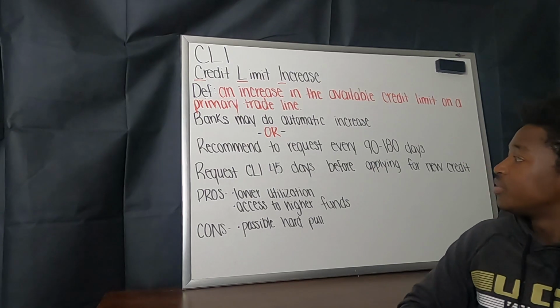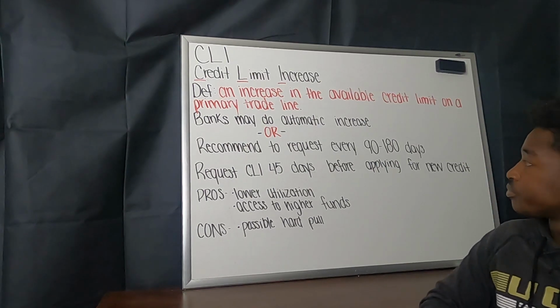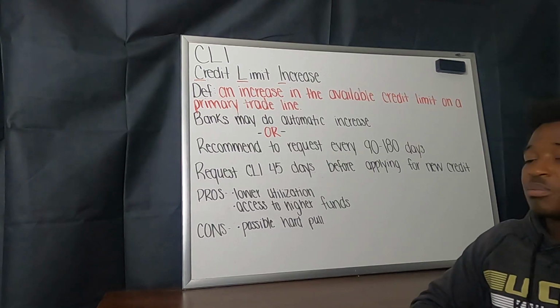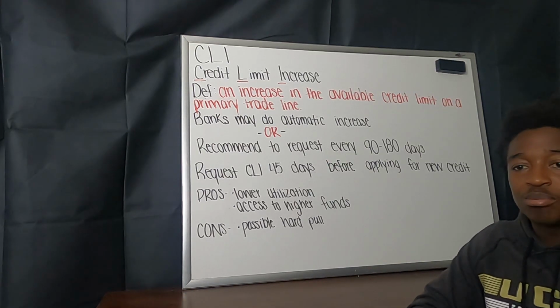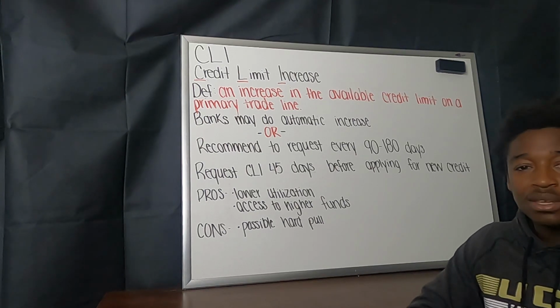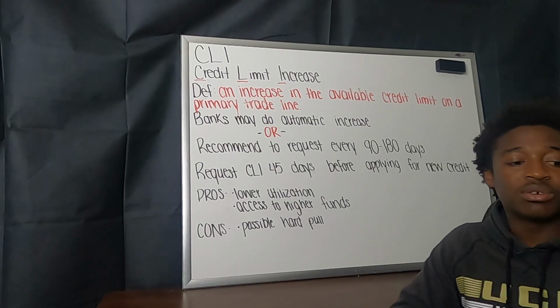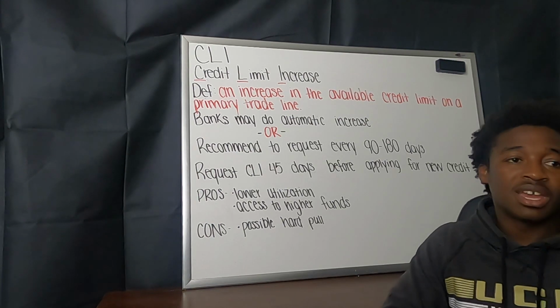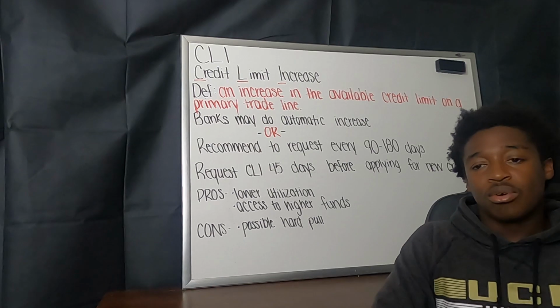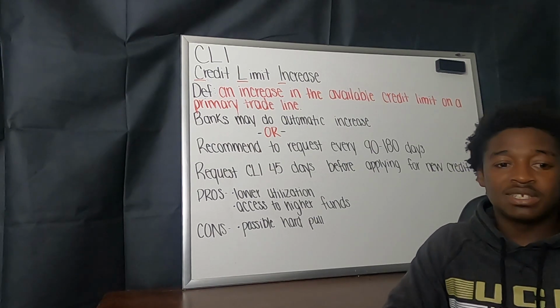Then you have the manual route, which is where you can request an increase depending on your bank. Certain banks, such as Discover, allow you to manually request a credit limit increase every 30 days. Certain banks are more stringent on their policies.